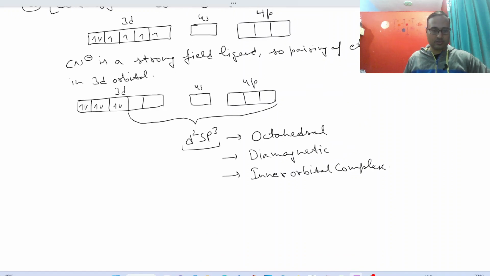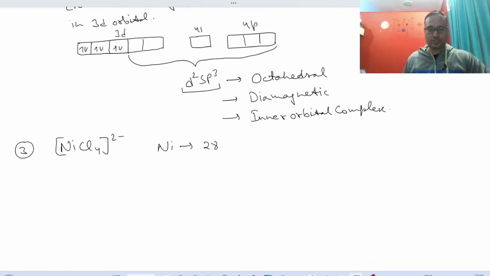Next, third compound we will be talking about is NiCl4 2 negative. Now as we know, the atomic number of nickel is 28. So for this we can write down the electronic configuration as argon 3d8 4s2.